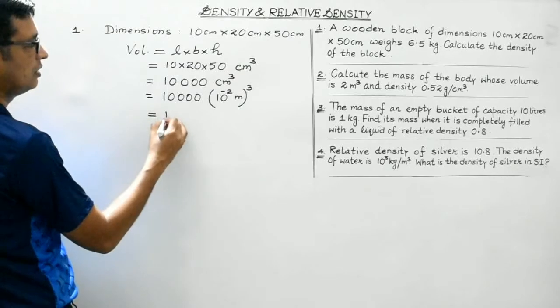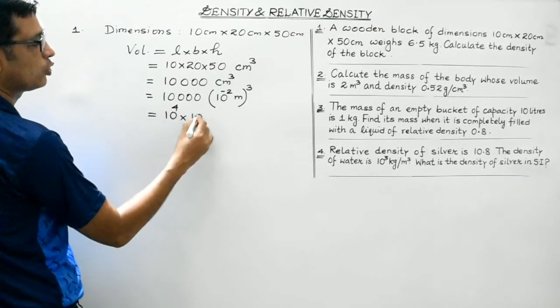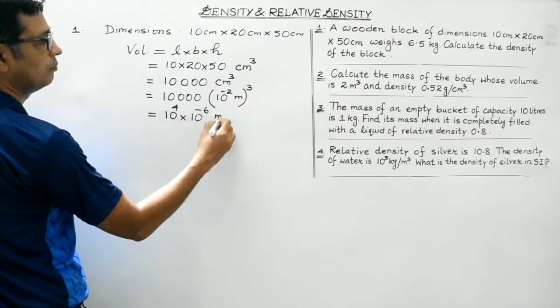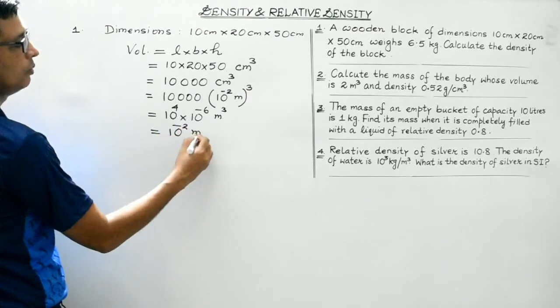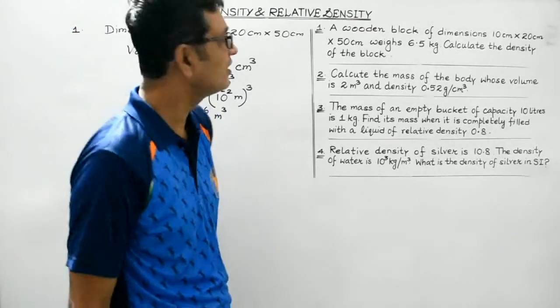So what we get is 10 raised to power 4 multiplied by 10 raised to minus 2 to the power 3, which is 10 raised to minus 6 meter cube. So it will be equal to 10 raised to power minus 2 meter cube. This is the volume of the block under consideration.